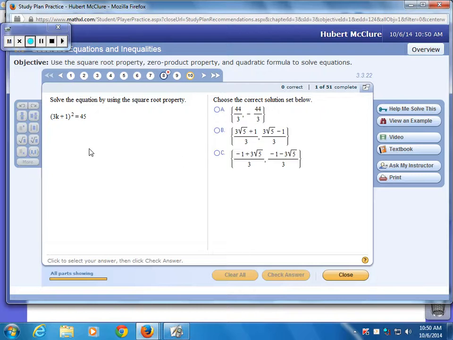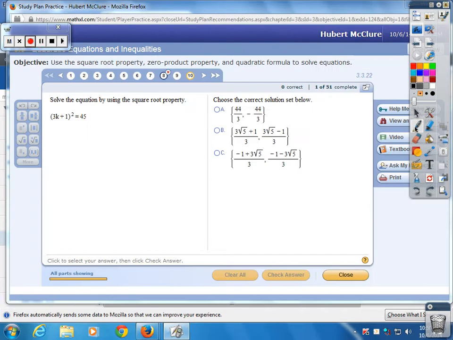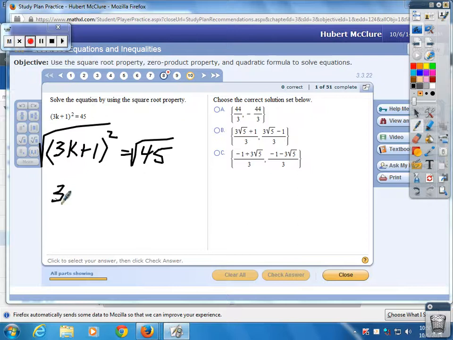Where's my thing? There it is. No sneaking, please. 3x plus 1 squared is equal to 45. How do you do it? Square root, and that gives us 3x plus 1 is equal to, now they want it in, looks like radical form.